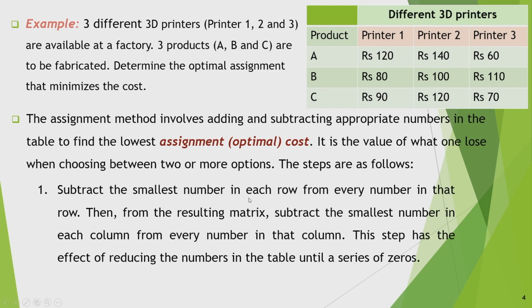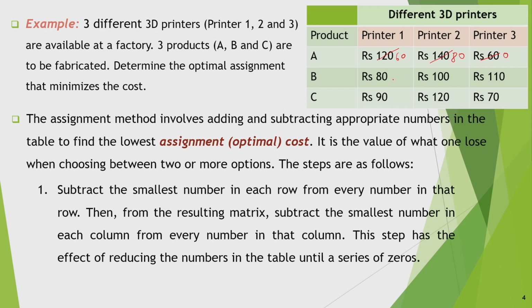So subtract the smallest number in each row from every number in that row. Like suppose for product A, I subtract 60 from 120 and 60 also from 140. So it will become 60, it will become 80, it will become 0.